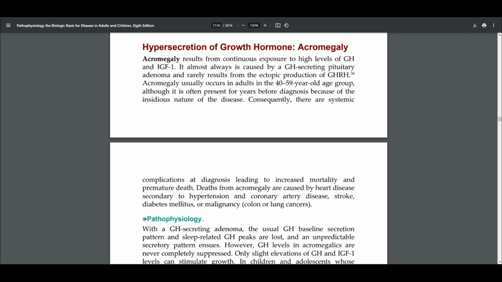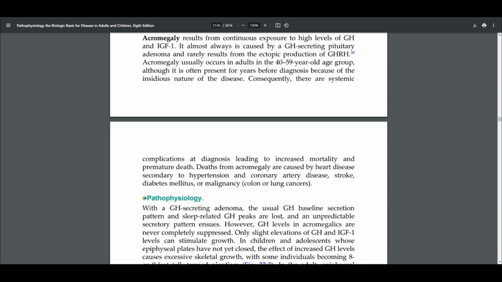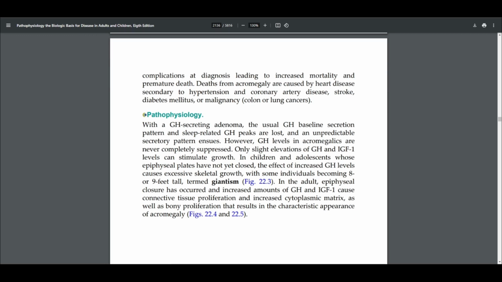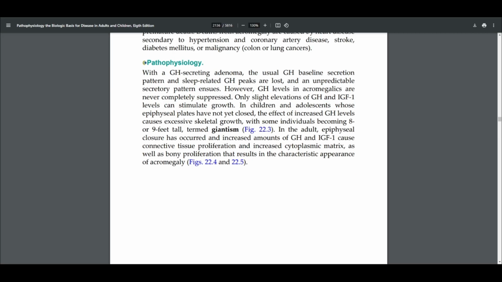Consequently, there are systemic complications at diagnosis, leading to increased mortality and premature death. Deaths from acromegaly are caused by heart disease, secondary to hypertension and coronary artery disease, strokes, diabetes, or other malignancies, your colon and lung cancers.